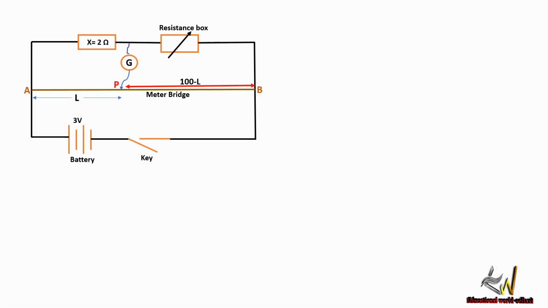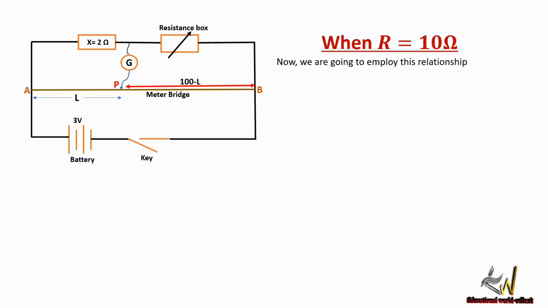Now the same trend continues when R is equal to 10 ohms, still using the same relationship, which states that R1 over L1 is equal to R2 over L2.